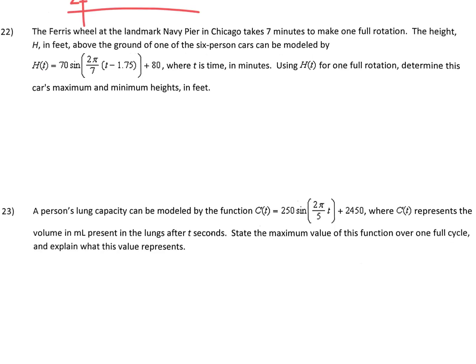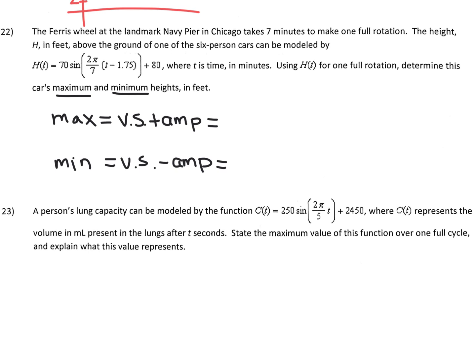All right, now if you read number 22, this one you should be able to do on your own. Read what it's about, and all they ask you to do is to find the maximum and the minimum. So try it out. All right, so for the maximum, our vertical shift is 80, and our amp is 70. So if we do 80 plus 70, we get 150.